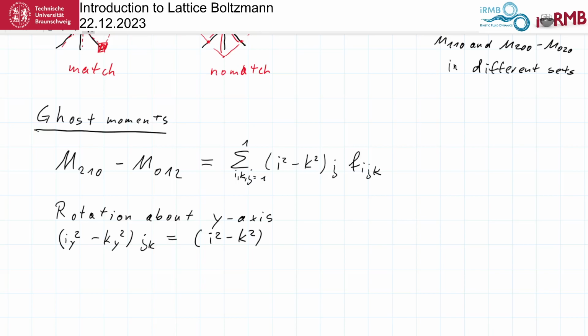If we do the rotation of the indices and simplify them, we get i square minus k square times j into cosine two alpha, similar to the above, minus 4 i j k cosine alpha sine alpha. So this is basically pretty similar to what we had before with the other moment.